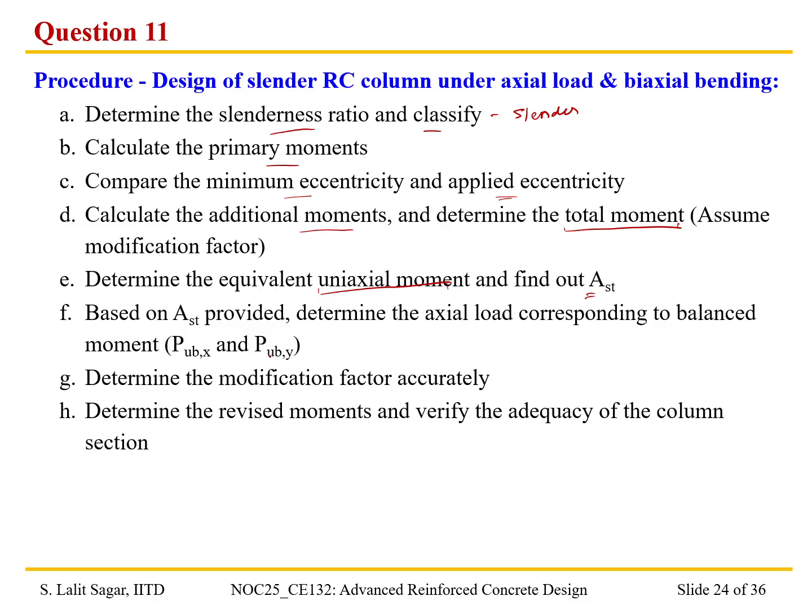From there we can determine the accurate value of the moment factor, that is K. From then we can determine the revised moment and verify the adequacy of the column section using the biaxial moment capacity ratio. So we'll proceed one by one in this particular design example.